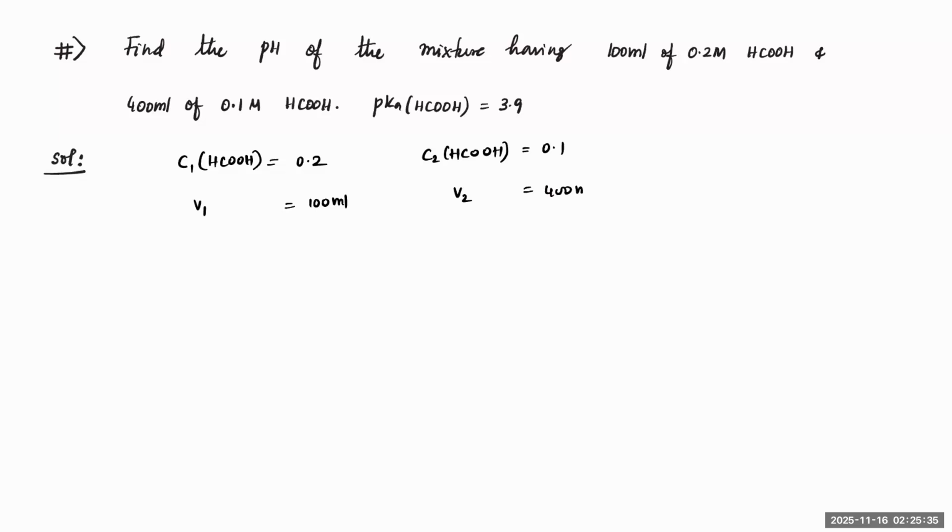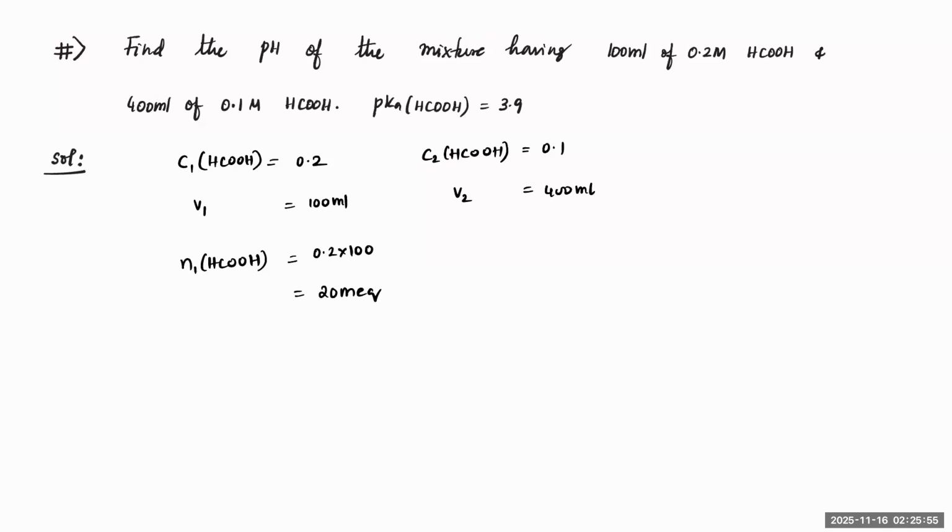Now, how do we calculate the initial number of moles? N1 is the number of moles of this acid, which is 0.2 into 100, correct? Concentration into volume will give you the number of moles. So the number of moles is 20 milliequivalents.